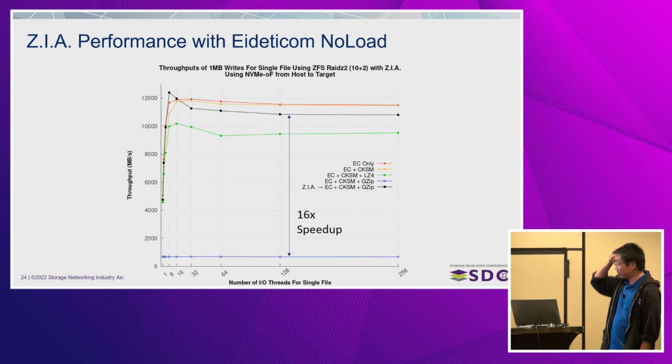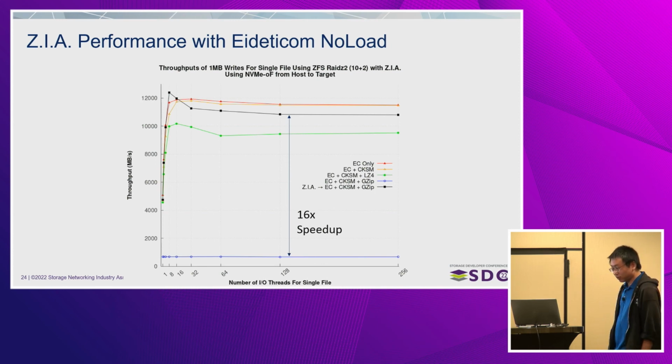So here is a graph that we have seen before with Z pools with different configurations. However, this graph has an additional line. Previously, our focus was the blue line at the very bottom with erasure coding, checksumming, and gzip enabled in our Z pool. And the performance of our software ZFS was rather poor. By offloading data to the Eideticom NoLoad accelerator, we were able to achieve a 16x speedup, as shown by that black line on this graph.